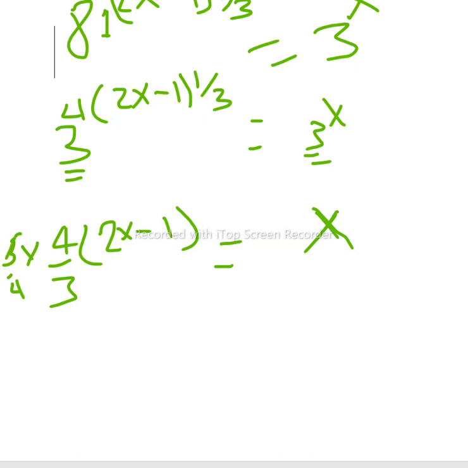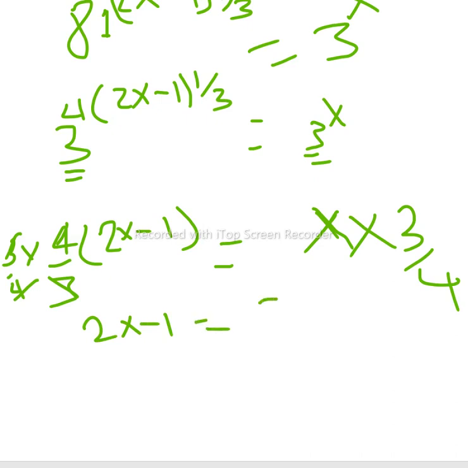So the 3 is cancelled by 3, and 4 by 4. We get 2x minus 1 is equal to 3x over 4. After that, we simplify again.